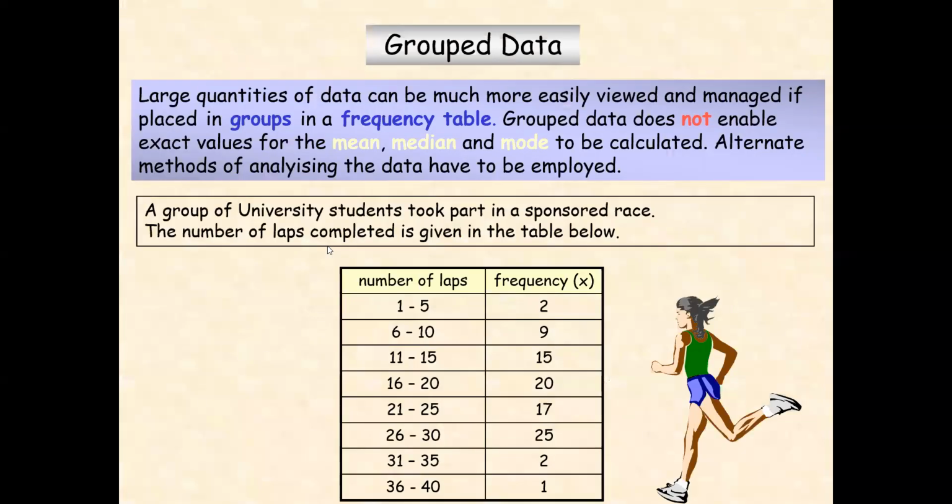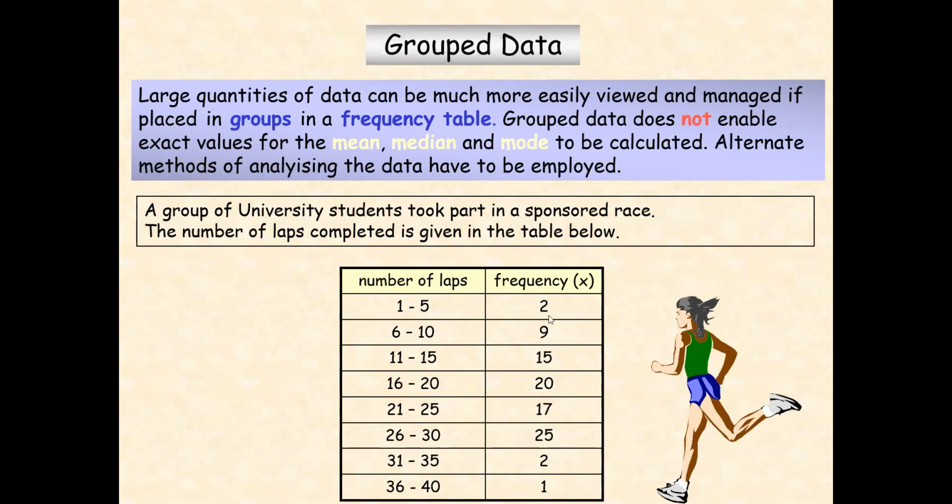So I think the first one was quite simple. So we call this group data. Group data basically means we are collecting data in terms of a range. If you look at what I have on the screen, the number of laps and the frequency.